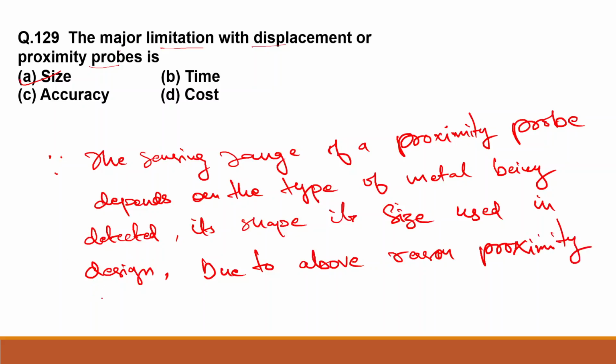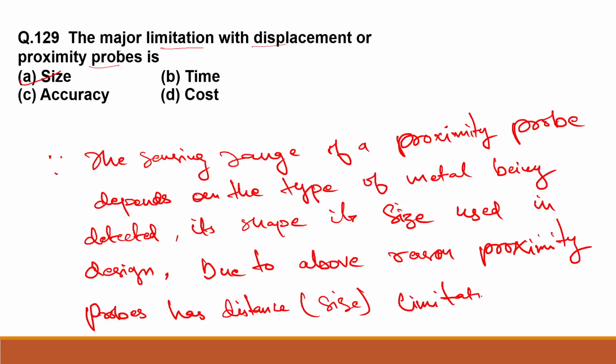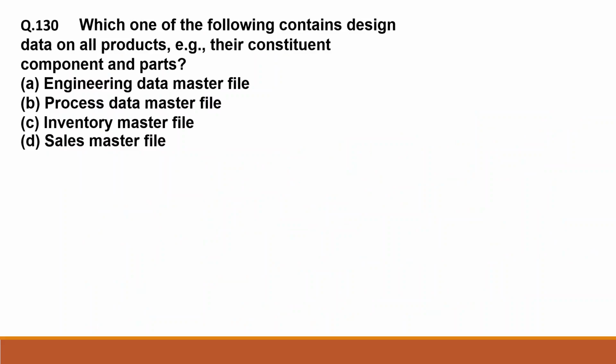Okay guys, the sensing range of a proximity probe depends on the type of metal being detected, its shape, its size used in design. Due to the above reason, a proximity probe has a distance or size limitation. Okay guys, option A, size, will be our right answer.